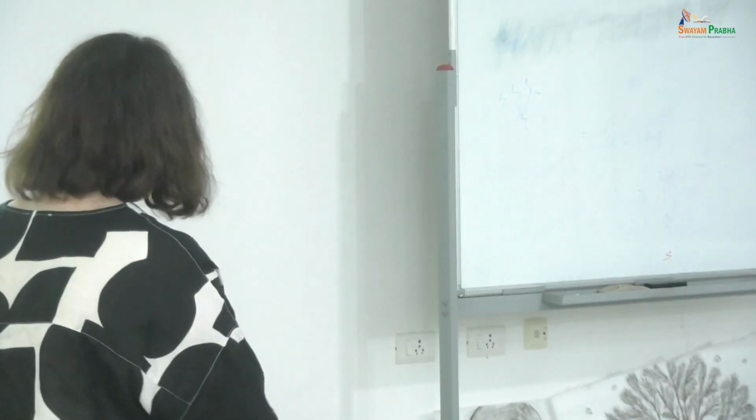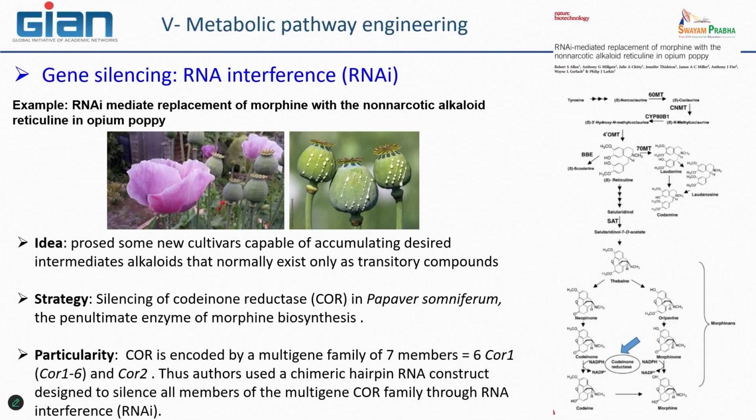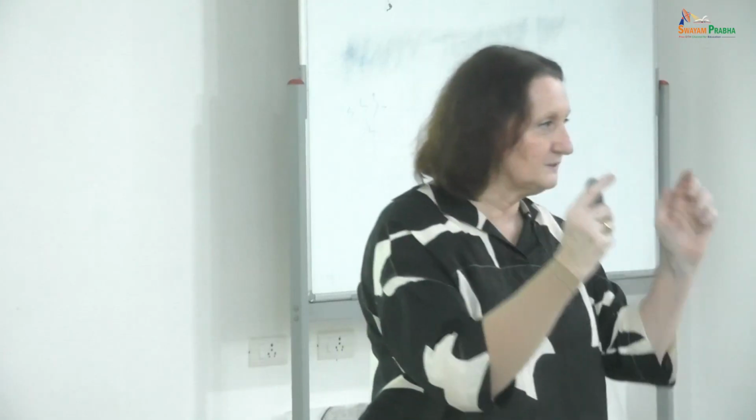So what we need to verify also at the same time. In particular, for example, if we have the genome sequence of the plant. It should not be present in any other. Absolutely. We need to be sure that the sequence we have chosen is quite unique for targeting specifically these enzymes.